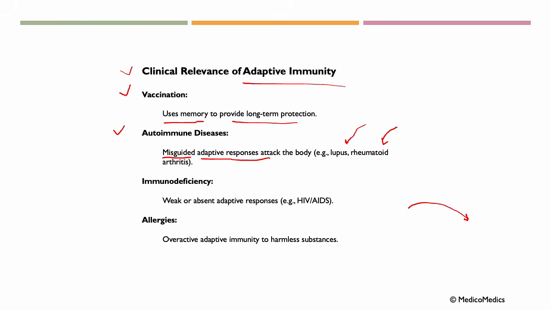Furthermore, another very important clinical point is in immunodeficiency, so weak or absent adaptive responses, for example, in HIV. And we will dive deeper into these different pathologies relating to immunology. But for example, we talked about the T cell, right? And we differentiated between cytotoxic T cells and helper T cells, CD4 and CD8.